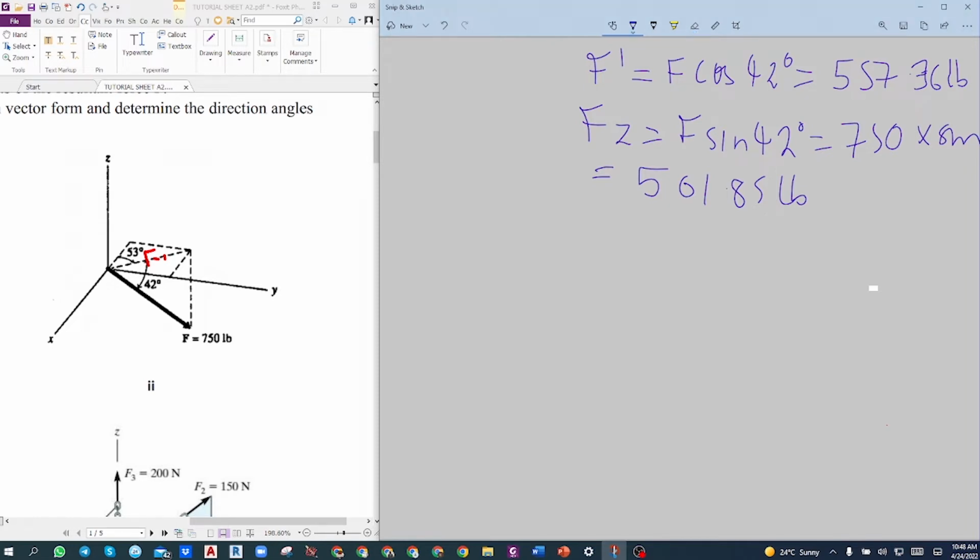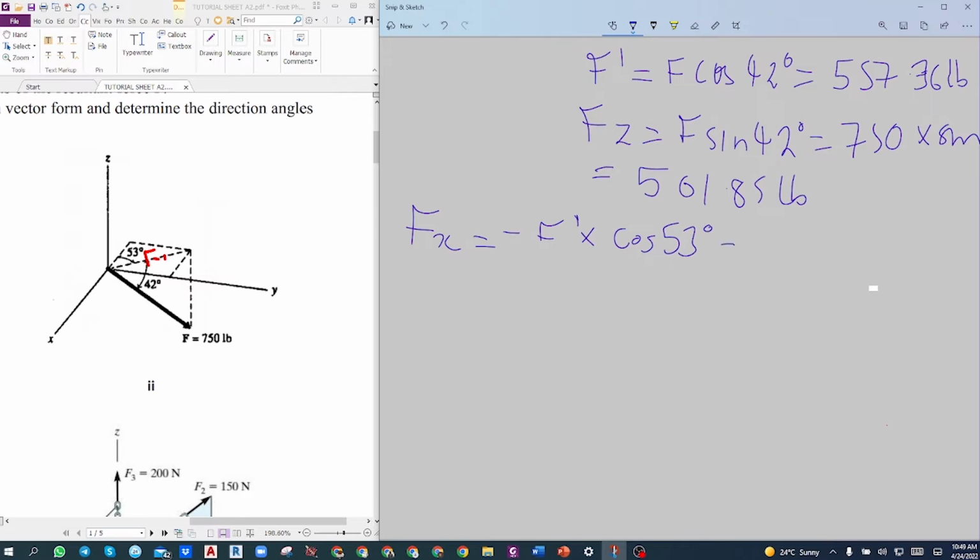Now we need to use F prime to find Fx and Fy, and with that 53 degrees it's not a problem. So Fx is equal to, it is a negative component, so we'll just insert the negative there. So negative F prime multiplied by the cos of the 53 degrees.